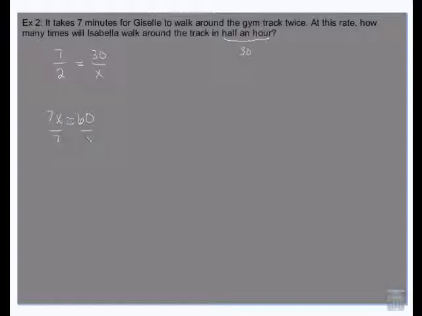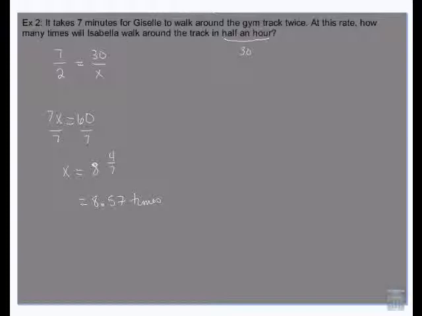Divide by 7. Doesn't go evenly. So it's 8 and, hold on. Was that 56? So 4/7 is how many times, or 8.57 times around the track. Good?